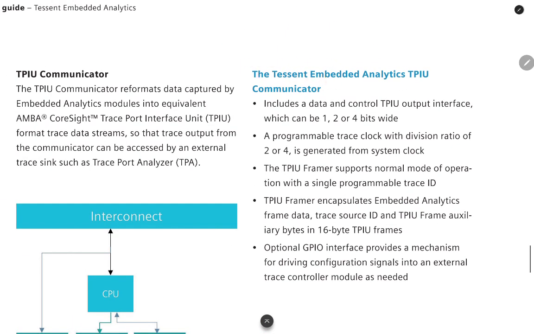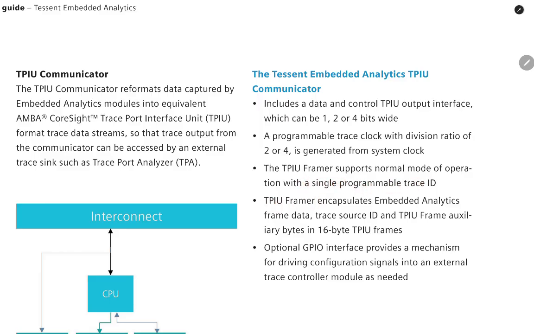The Tessent Embedded Analytics TPIU communicator includes data and control TPIU output interfaces which can be 1, 2, or 4 bits wide. A programmable trace clock with a division ratio of 2 or 4 is generated from the system clock. The TPIU framer supports normal mode of operation with a single programmable trace ID.